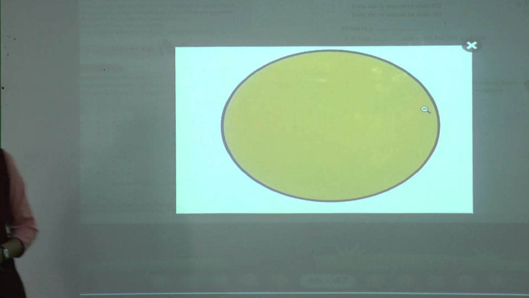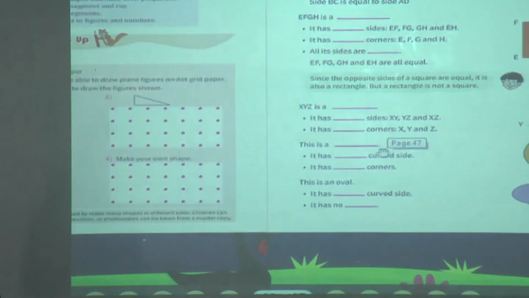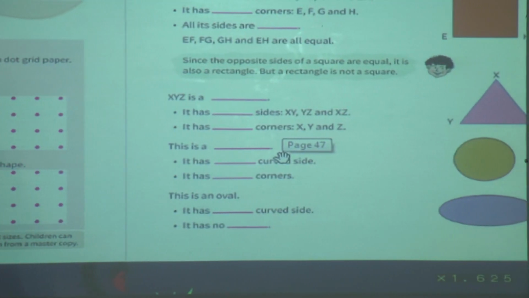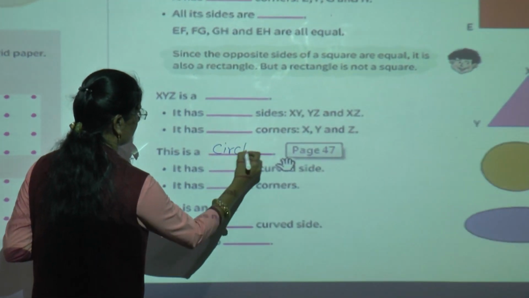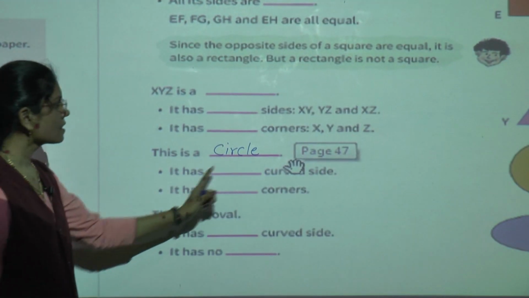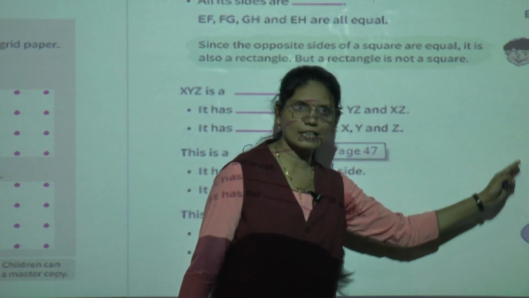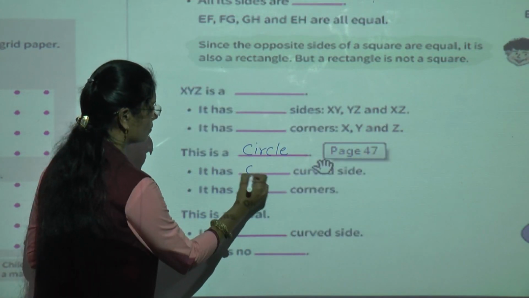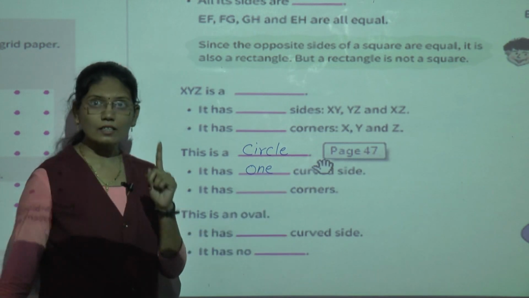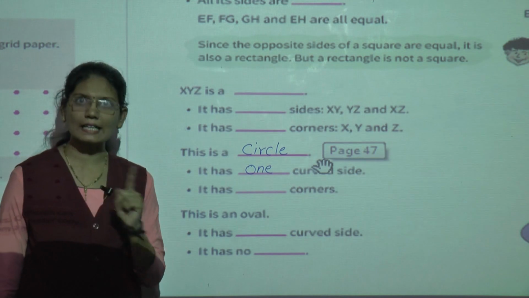Okay. So we will fill in the blanks. This is a circle. It has dash dash curved sides. Just now I told you, how many curved sides does it have? It has one curved side. But remember one thing, it has no straight side.